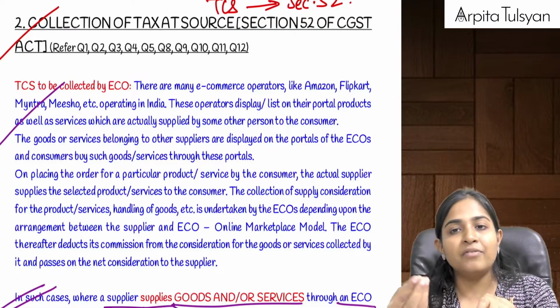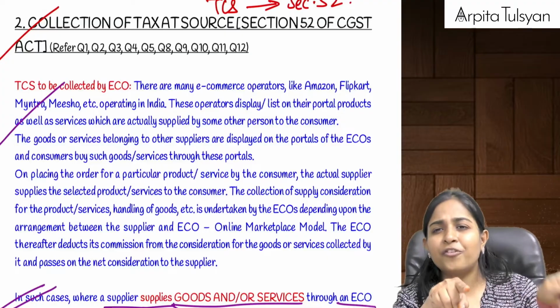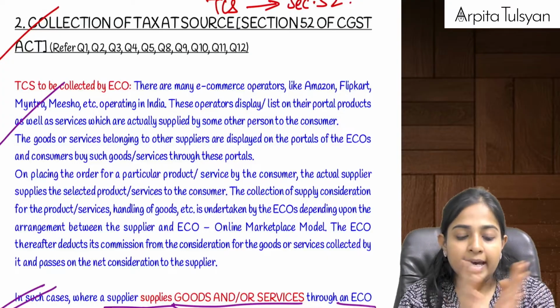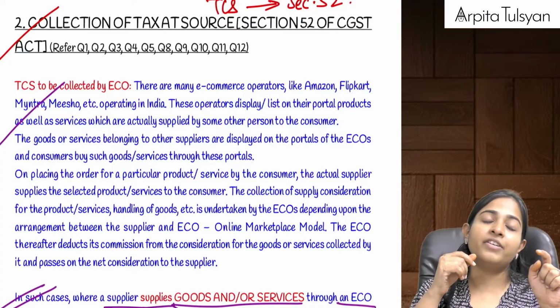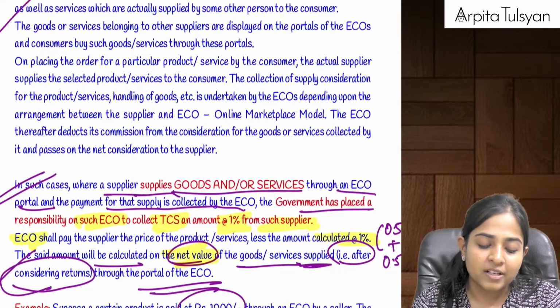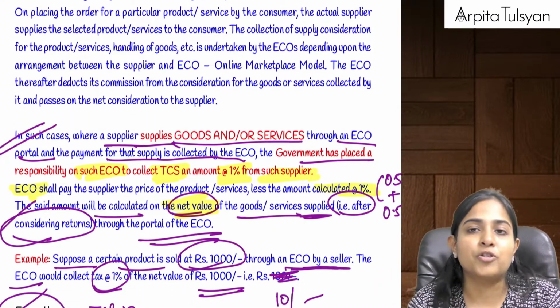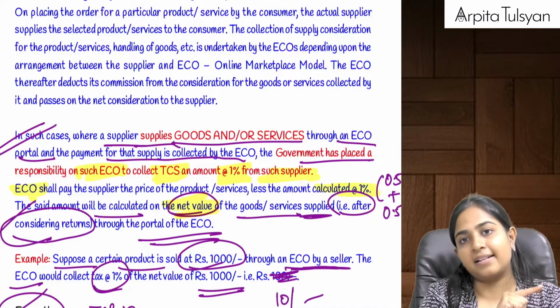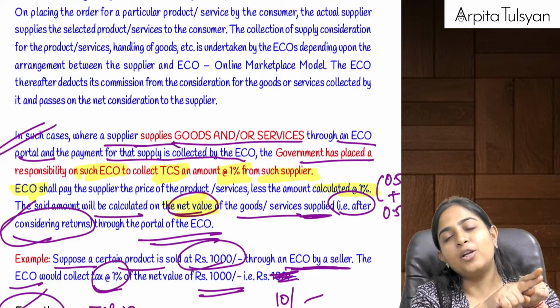Normally when we order food from Zomato, we make the payment to Zomato and then Zomato further shares it with the restaurant, right? So if this is the way in which the transaction is being done, then this section number 52 has put a responsibility on the e-commerce operator to collect tax, TCS, at the time of making the payment to the supplier.